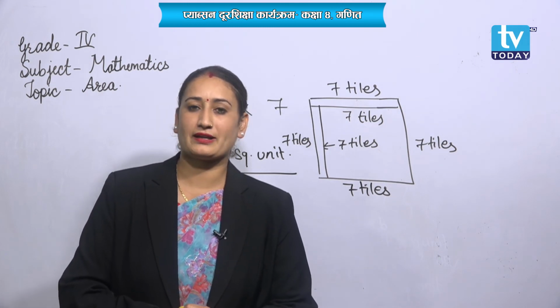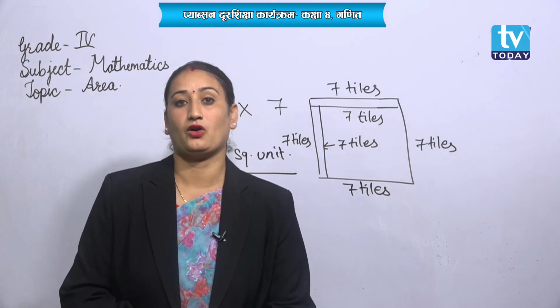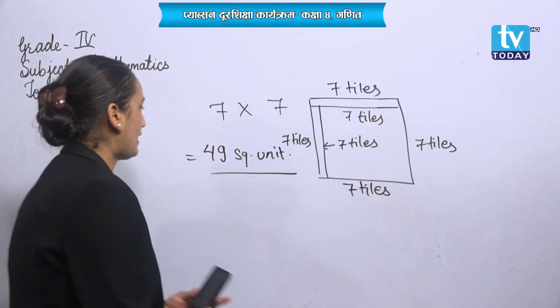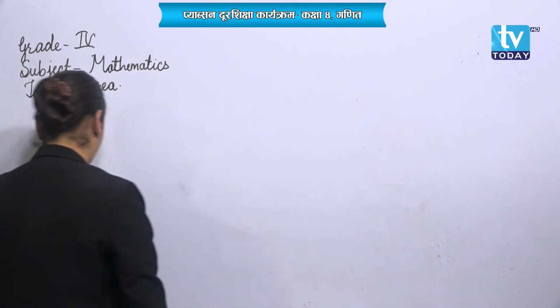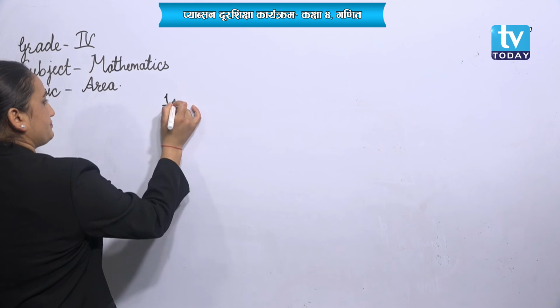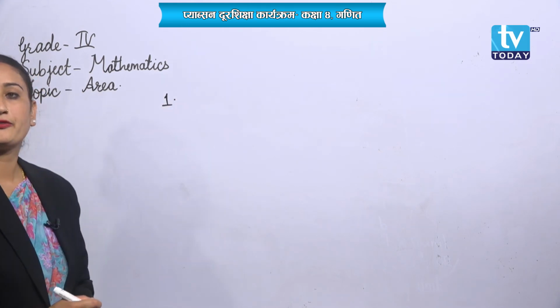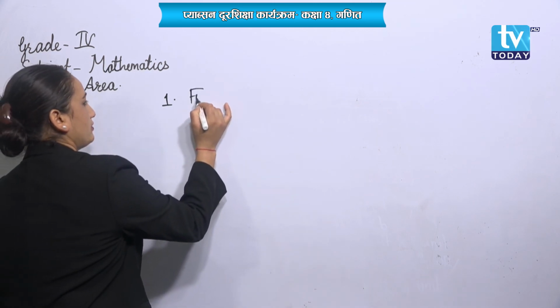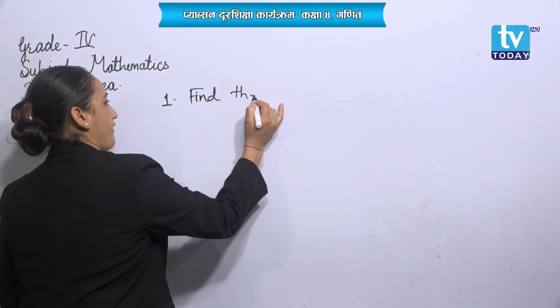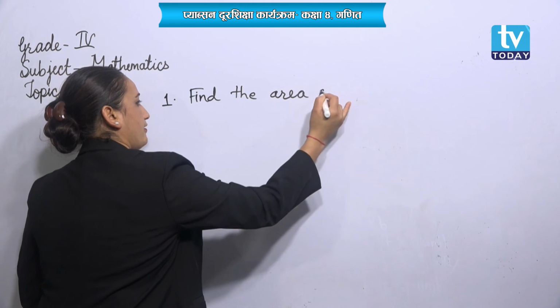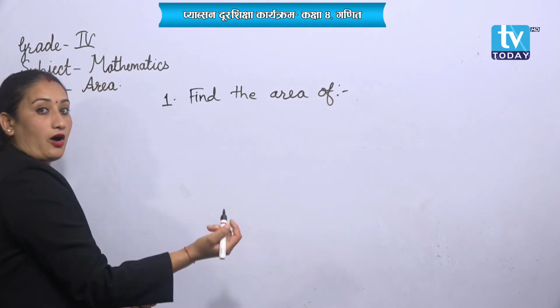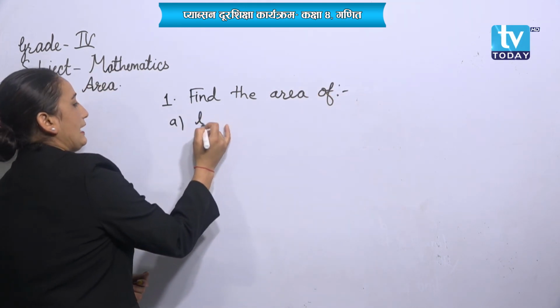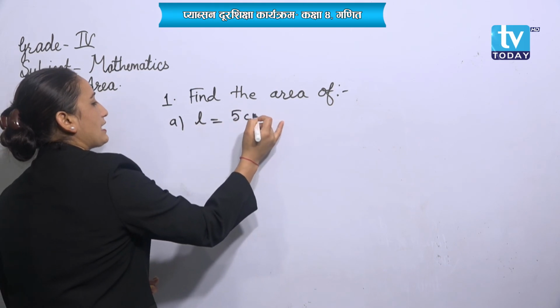Are you ready to do one exercise? Okay. Now, have a look at your question. First question. Find the area of a square whose length is given as 5 cm.